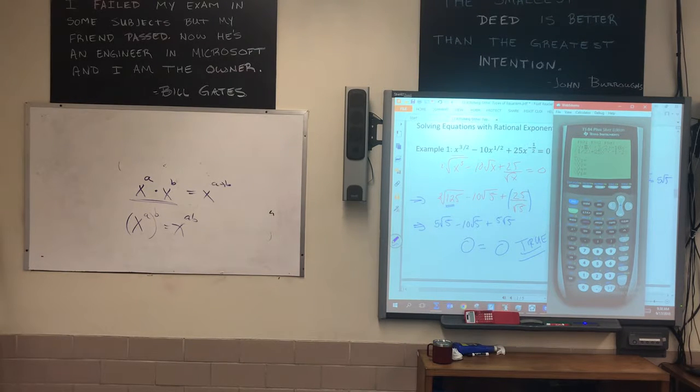Okay? And you could have also written it like this, using the root symbol if you want to. I just think that's a little bit harder to type in. But now I'm going to say it quick, because I'm not going to use the graph. I'll show you multiple techniques you guys can use with this calculator.